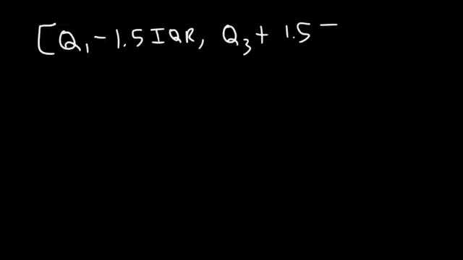If it's between Q1 minus 1.5 times the IQR, so that's the lowest that it can be, or the highest it can be is Q3 plus 1.5 times the IQR. So if you have a number that is within this range, it is not an outlier. But if you have a number in the data set that is outside of this range, then that number is an outlier.